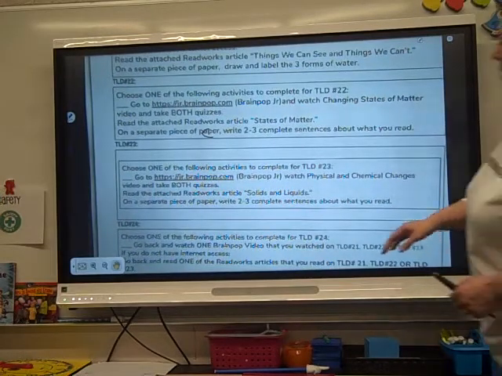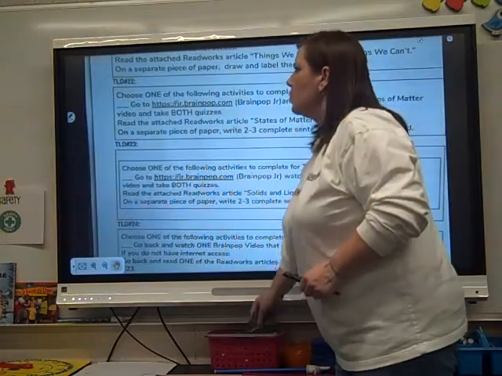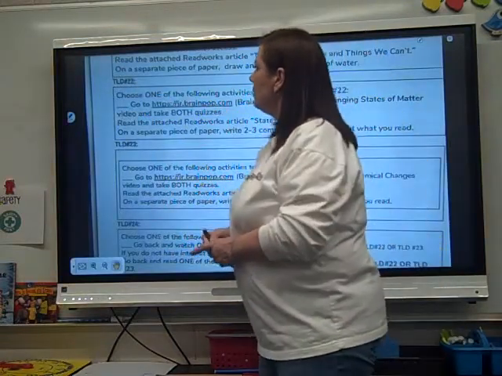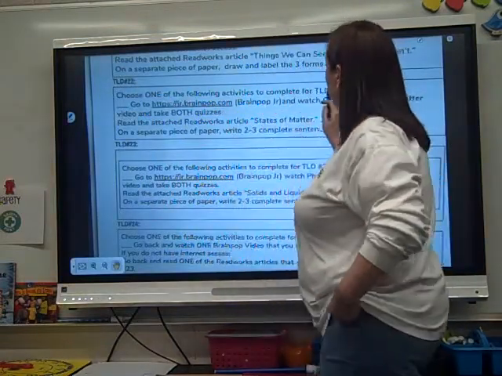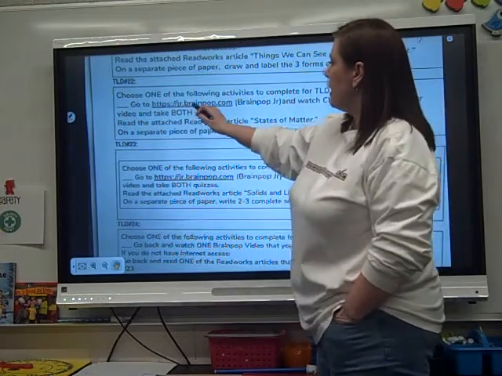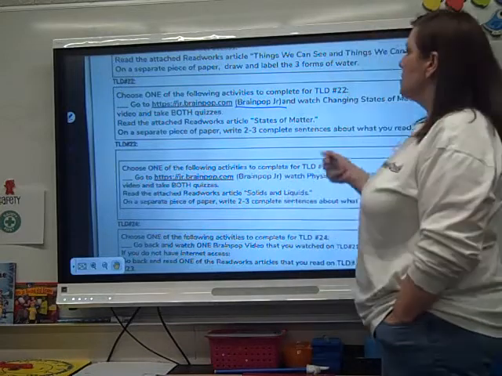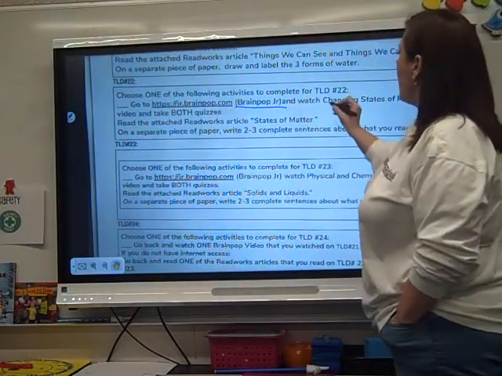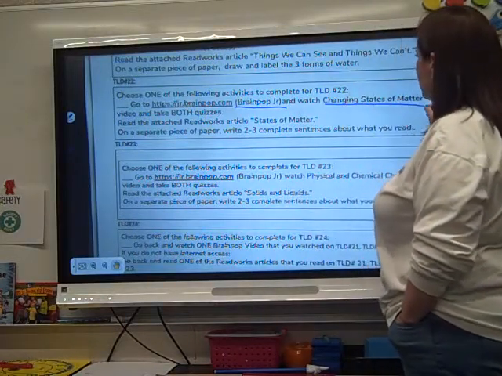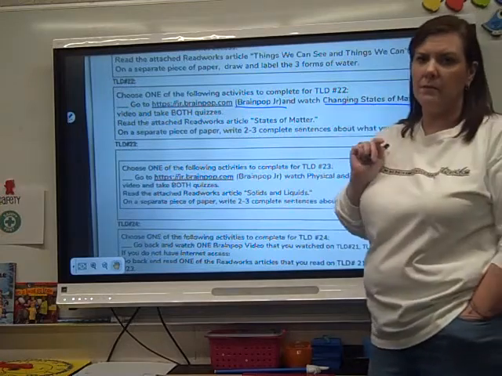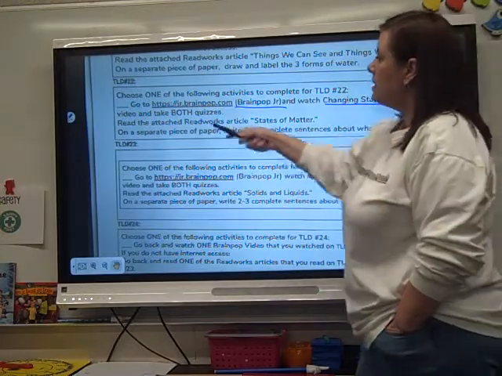Alright, you need to find where it says TLD day 22, and it says choose one of the following activities. Go to Brain Pop Junior. So if you already have an account, just go to Brain Pop Junior and look for changing states of matter. So that's what you'll type in to find the right video. And then take both quizzes.